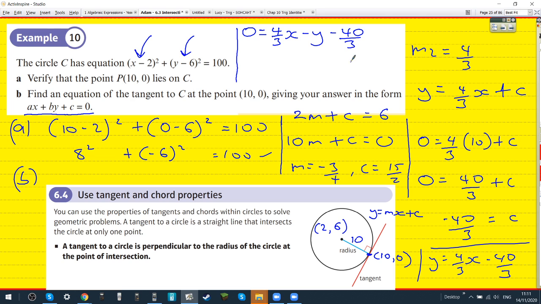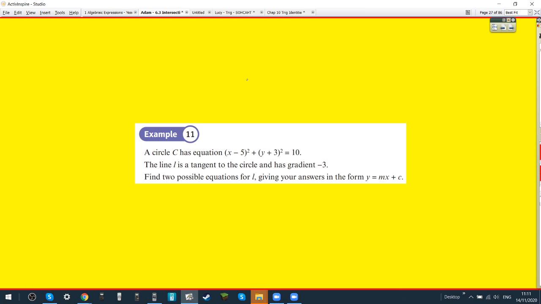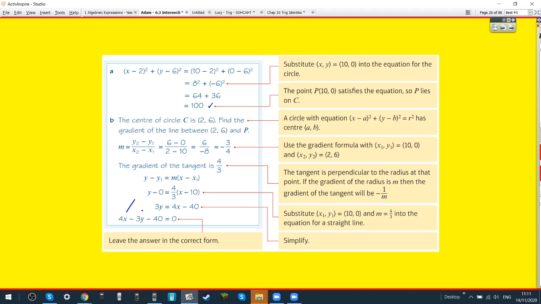And then you multiply everything by 3. What do you get? You get 4x minus 3y minus 40 equals 0. Great.